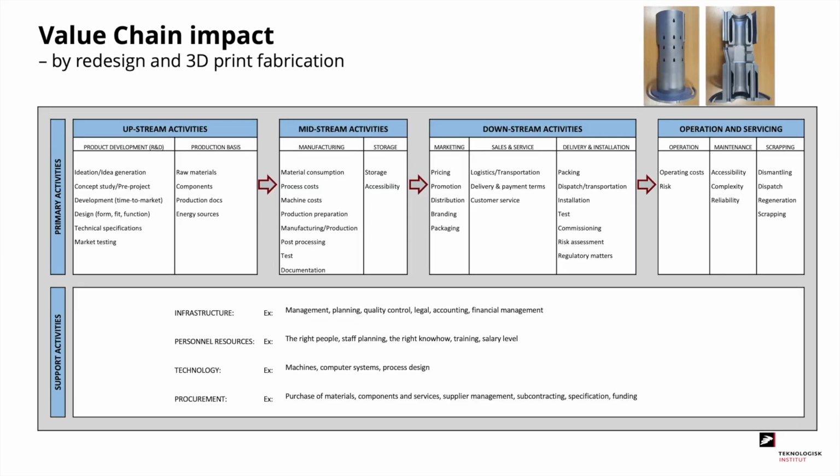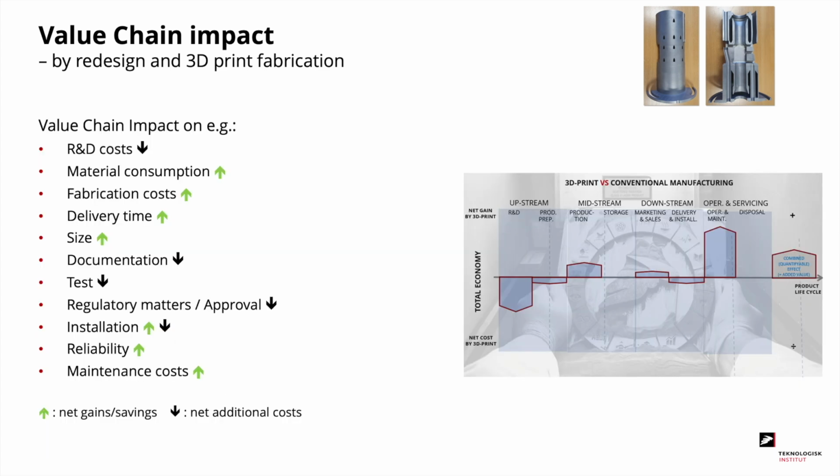If we apply our checklist to this case and see where we have the impact, we get the following picture. We have additional costs for the R&D costs and for the documentation, for the test, regulatory matters, approval by the authorities, and maybe also on the installation costs.